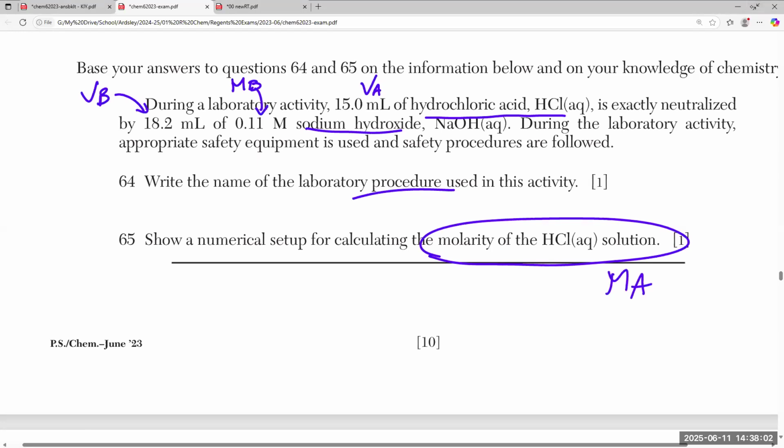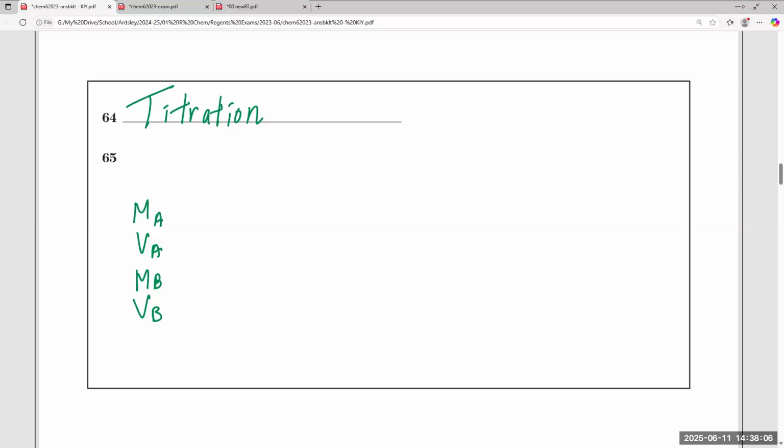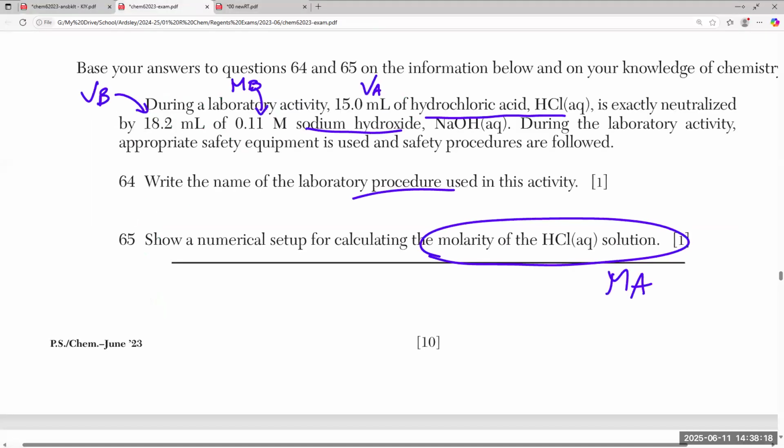So let's go. Va is 15 milliliters, and then this was 18.2. And then what was the molarity of the base? It was given to us as 0.11.